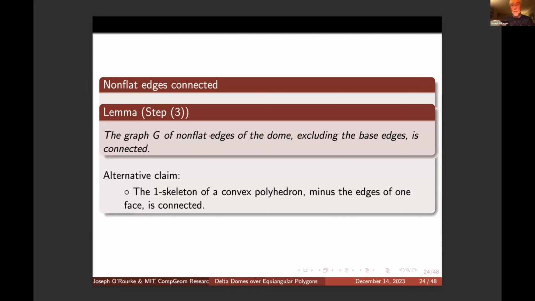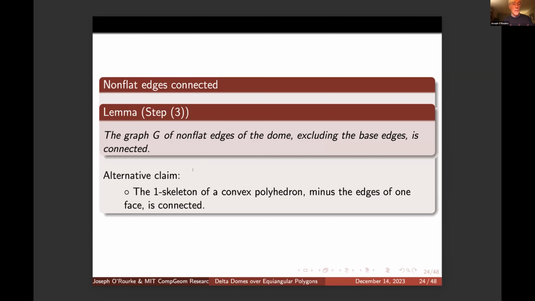So those are flat edges between the coplanar triangles. And it's important to know the structure of the non-flat edges of the dome. And this lemma says they're connected. That should be pretty intuitive that you would accept this.